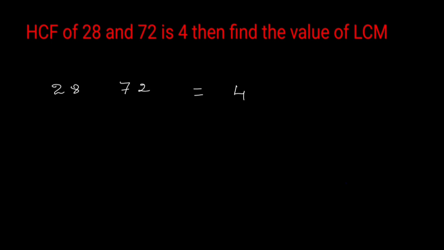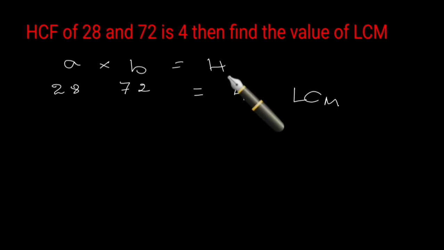We want to find LCM. I already told you the relation between any two positive integers and HCF and LCM. The relation is: a into b is equal to HCF into LCM.